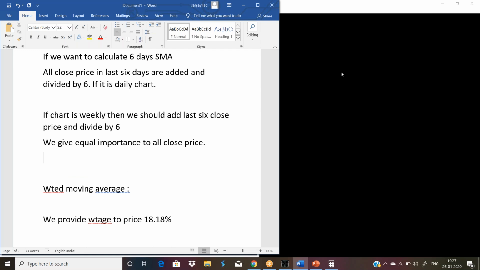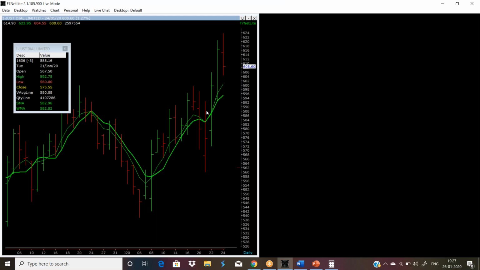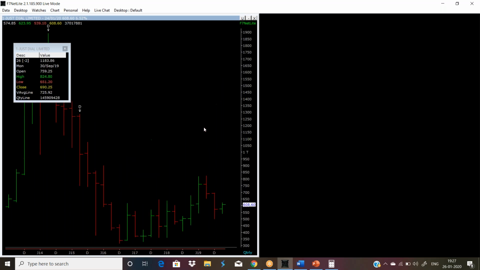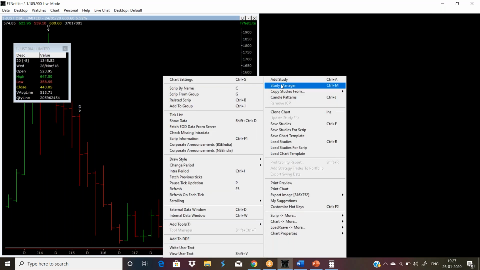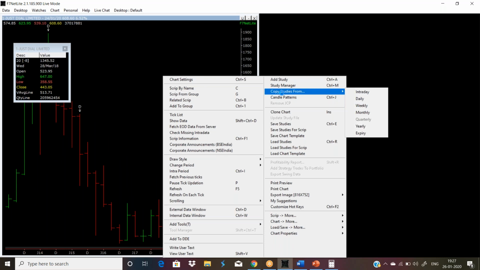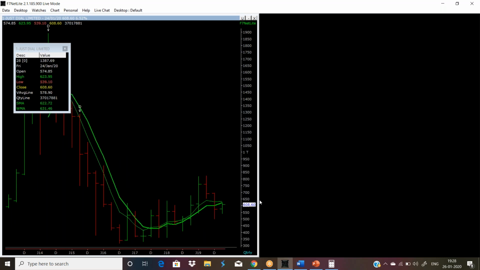So if we use a simple moving average on a daily chart, it's okay. But if you use a simple moving average on a quarterly chart, it won't work.